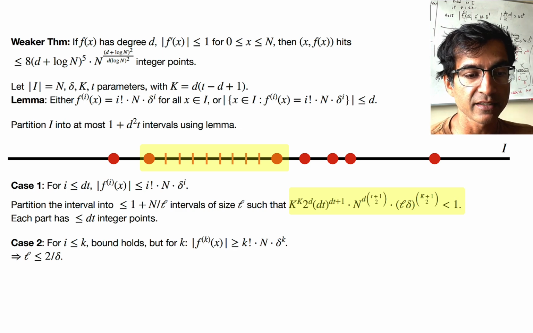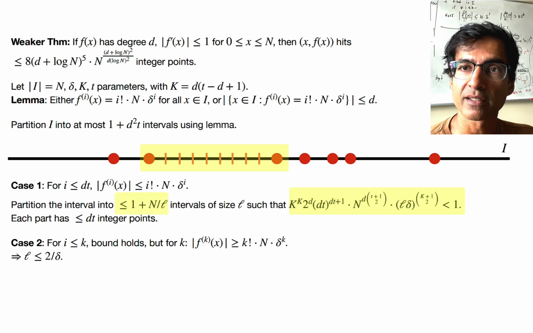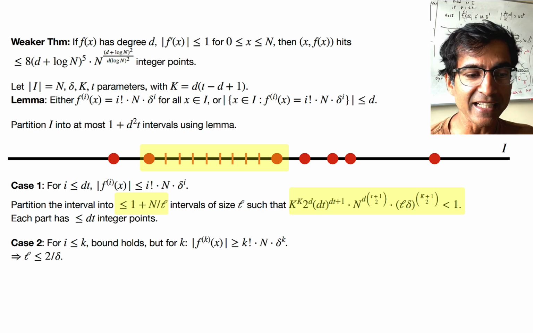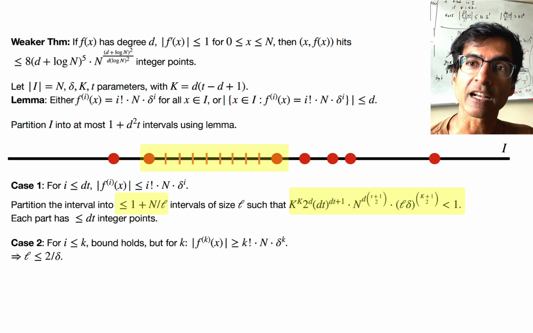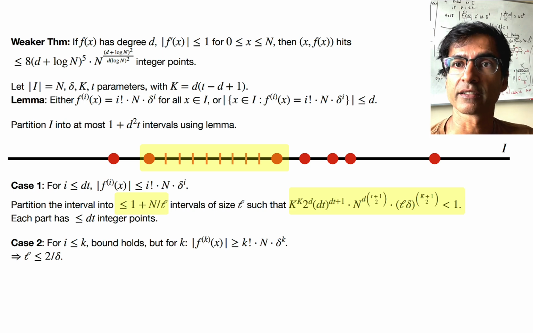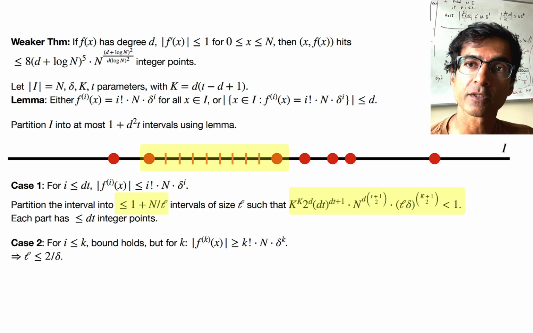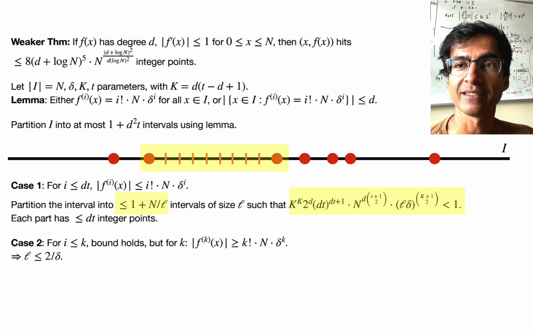And partition this long interval into at most 1 plus n over L pieces of size L. In each one of those pieces, we found a low degree polynomial that accounts for all of the integer points occurring there. And therefore, the number of integer points in each one of those pieces is bounded by d times t.